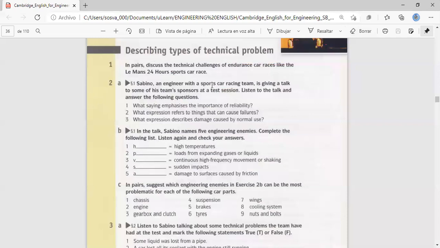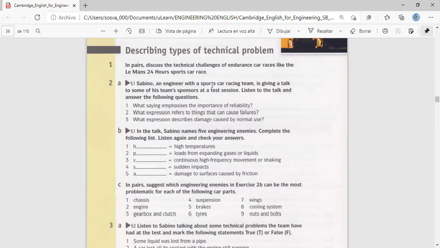What challenges do you think might affect the engineers of racing cars? Well, I think it's necessary that the car is working in one race. In one race, I mean, the car has to be in good working condition.